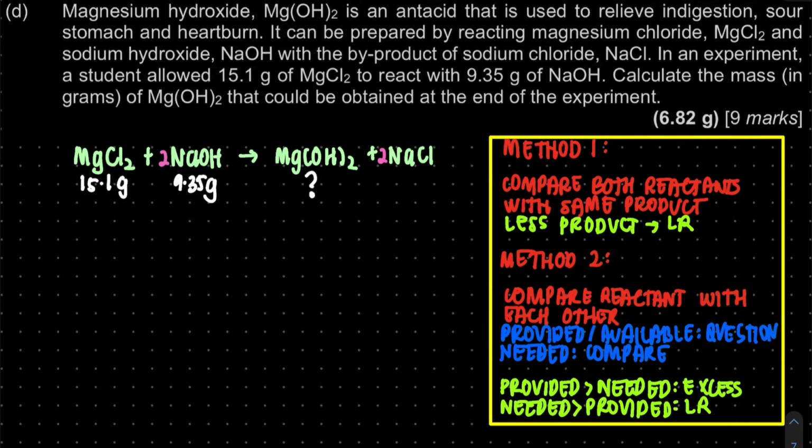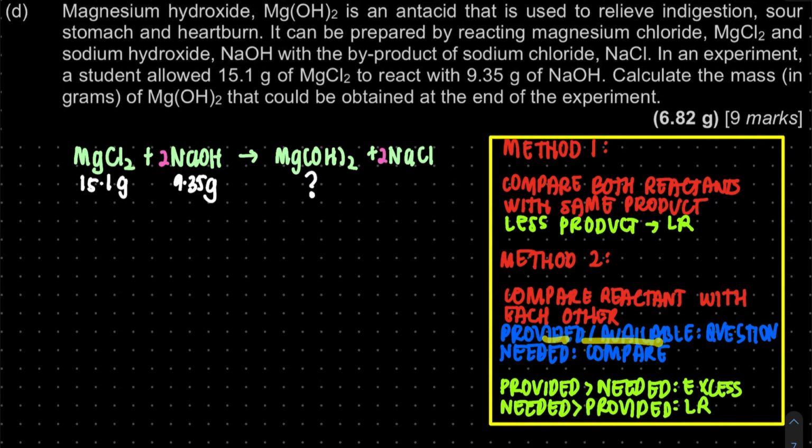The second method is actually you're going to compare the reactants with each other. Once you have found the mole of each of our species here, then you're going to compare them. But for this type of question, it is important for you to know which one is the provided one, or the available one, and which one is the needed one.